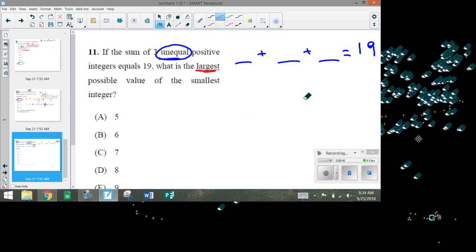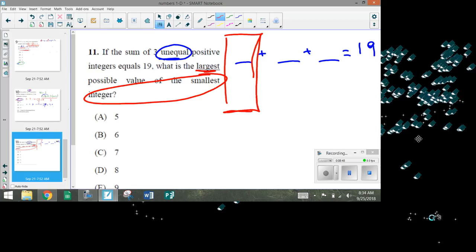Okay, we're going to focus on what is circled in the question. Smallest integer. So I decide to make this one smaller, all right? I'm going to focus on this box. Is that clear so far? And read the question again. What is the largest possible value? I'm trying to find the largest one.